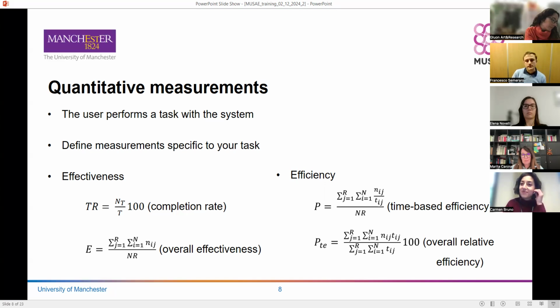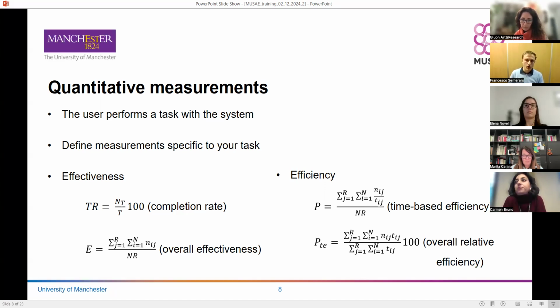And if you're considering time, a measure of efficiency is the time-based efficiency, which is the sum of all the ratios between the tasks that were completed and the time that was taken by the specific user to complete them, divided by the product of users and tasks that your interaction was composed of.